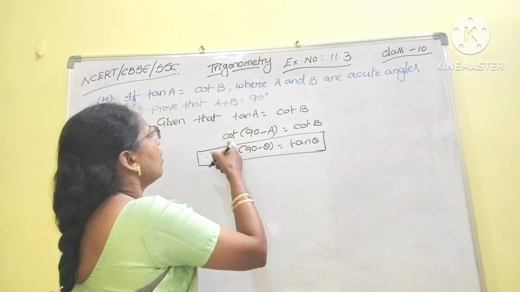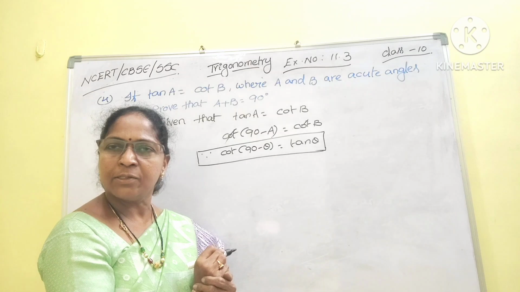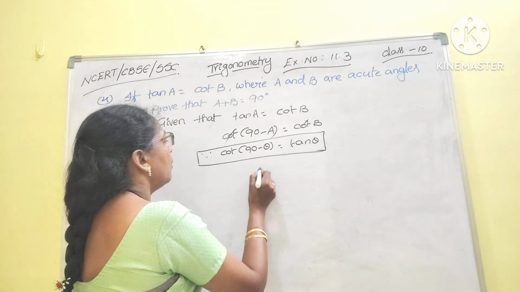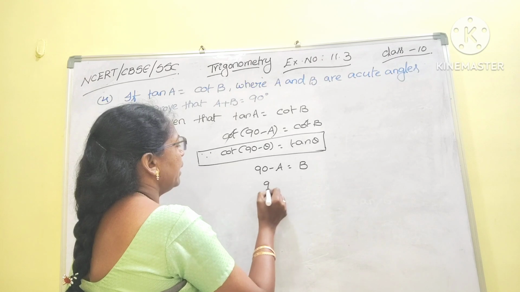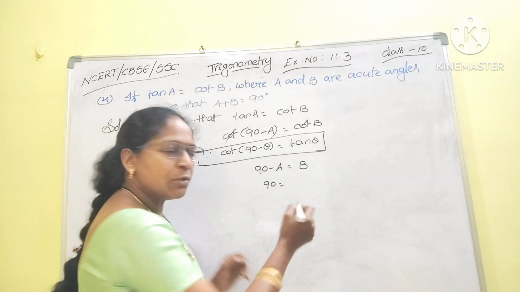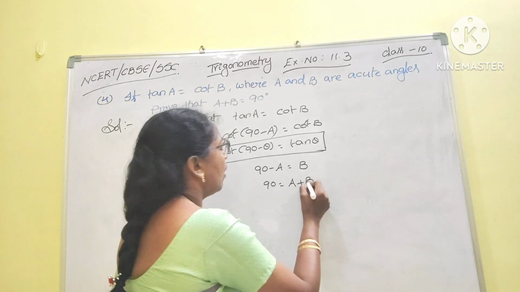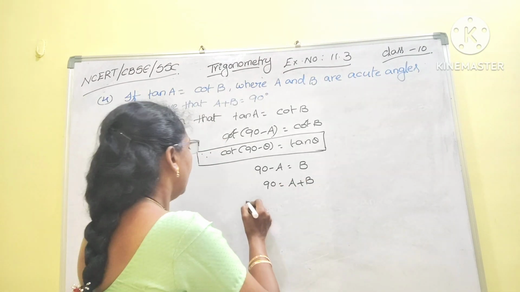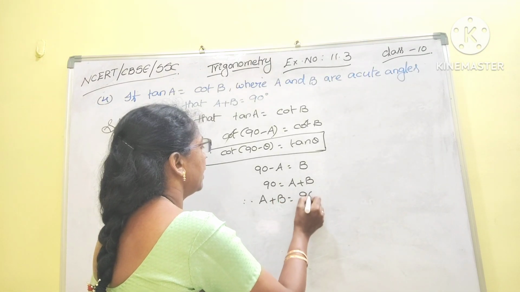So cot(90 minus A) equals cot B, and both sides have cot terms, so you can cancel the cot terms. Now 90 minus A equals B. Now A goes to the other side and becomes plus. So A plus B or B plus A, you can write either. Therefore A plus B equals 90 degrees.